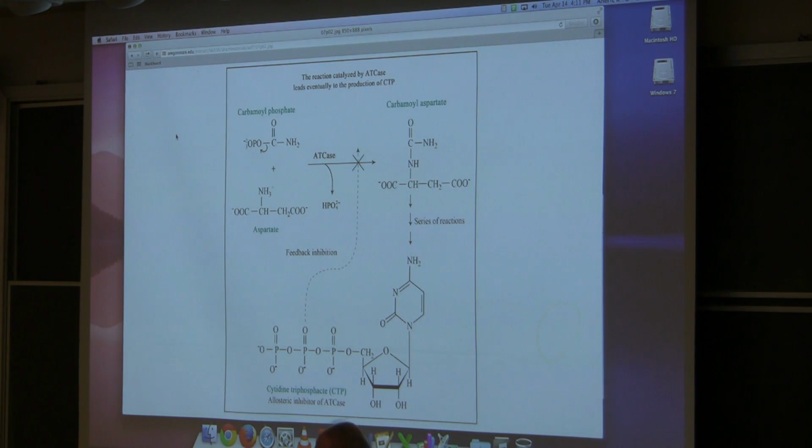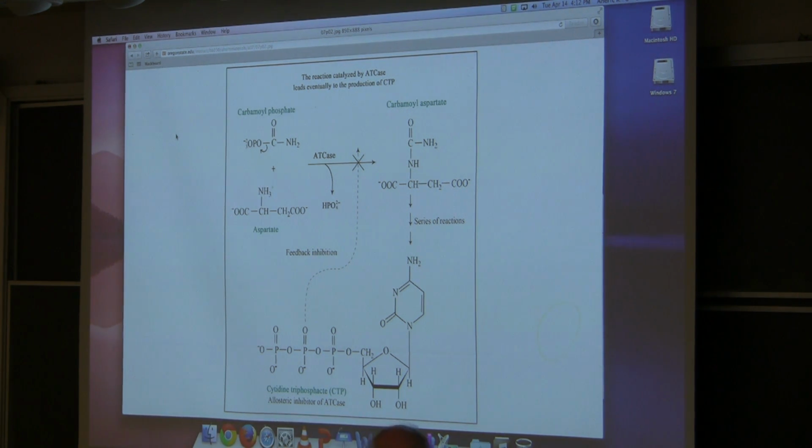Why do I tell you that? Well, it turns out that ATCase is a really interesting enzyme. There are several things that can bind to it that affect ATCase's activity. Okay? One of these is the end product of the pathway. I'm going to repeat that.